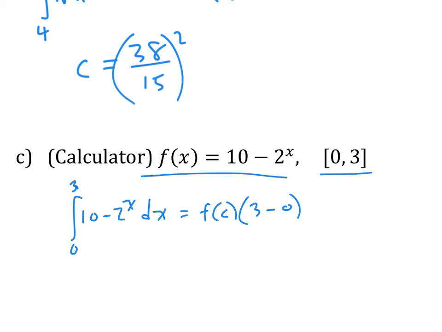Do you remember what to do a few years ago? You had to find x. Go ahead and find it, or if you're stuck, let me know. So solving this, you get c is equal to about 1.751. Remember to round to 3 digits after the decimal point.